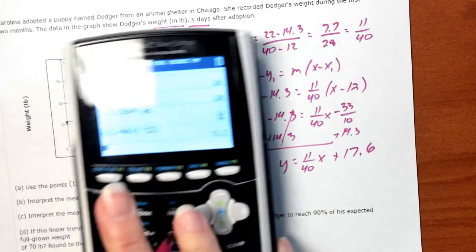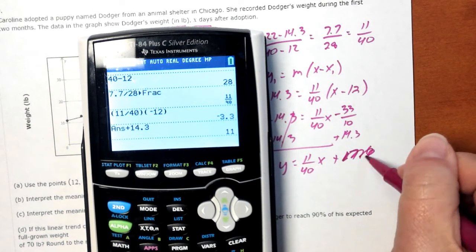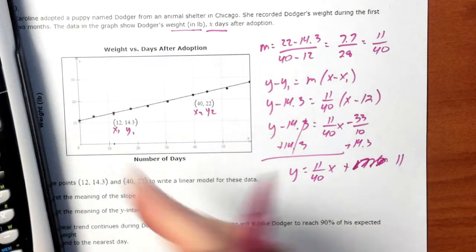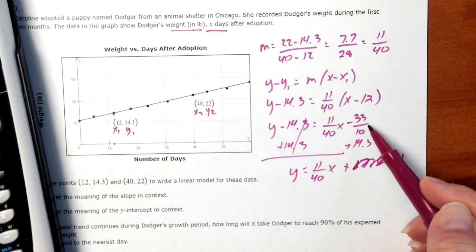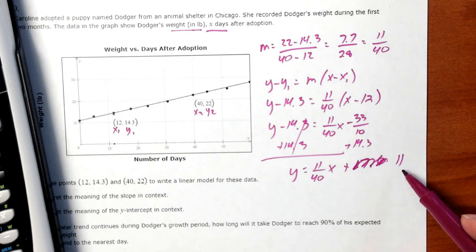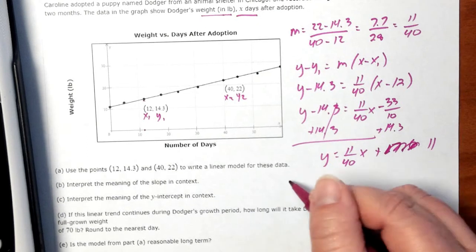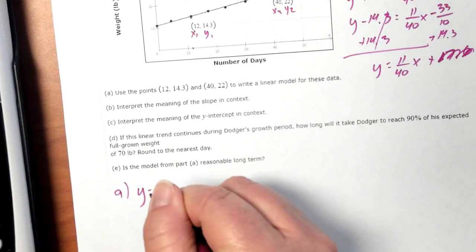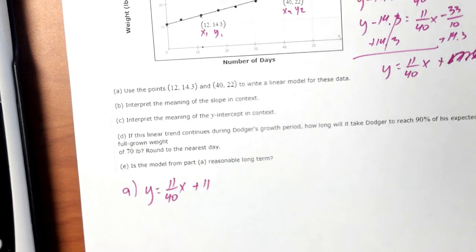So negative 3.3 plus 14.3 is 11. There we go. That's what was supposed to happen. Sorry about that. Okay, so 11 over 40 times negative 12 is negative 33/10, and then we add 14.3, we get positive 11. Okay, so our equation for part A is y equals 11 over 40x plus 11.